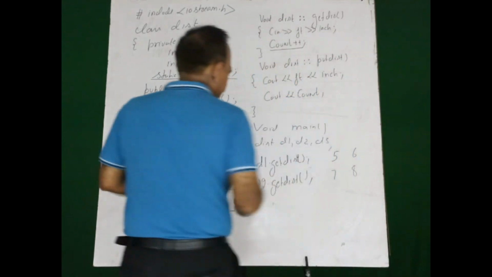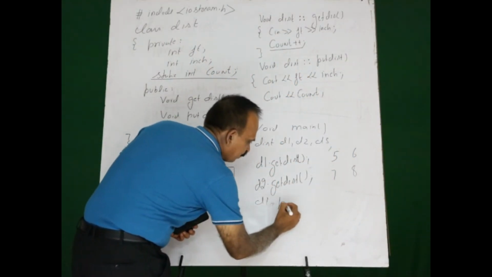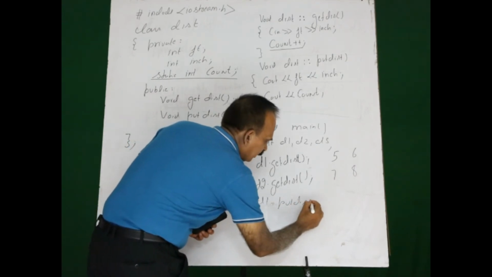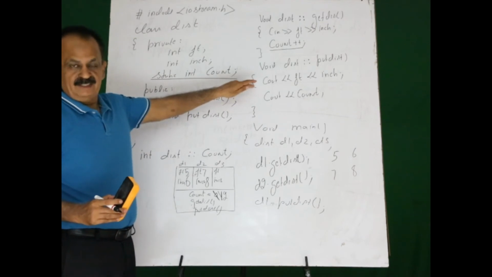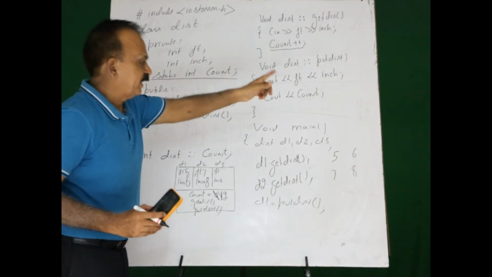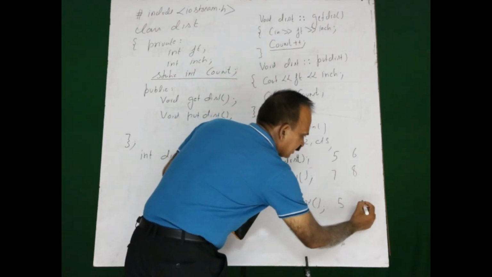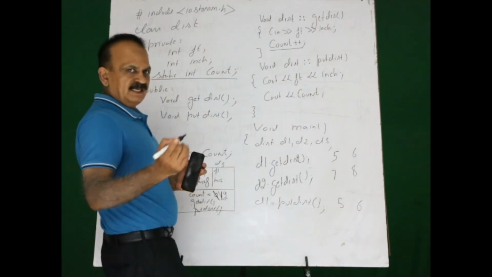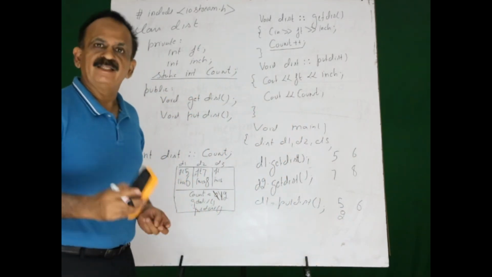Now if I use d1 dot put distance, what will be the output? This function will be executed. Feet and inch, that means 5 and 6. The output will be 5 feet, 6 inch, and the other output will be 2. Why will this value be 2?